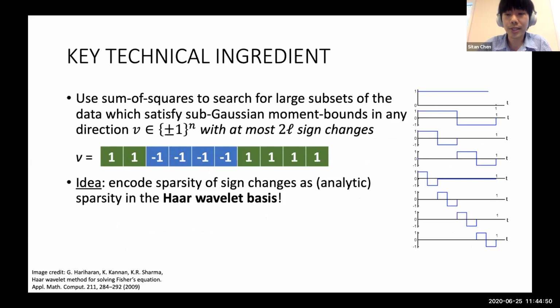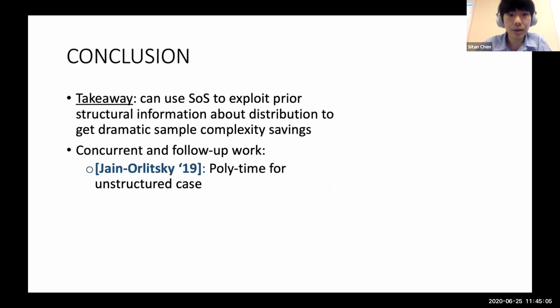If we take the outliers in that skewed direction and downweight them, whenever you do this downweighting, you're going to throw out more bad mass than good mass. So eventually, after enough of these filtering steps, you're going to end up with mostly good samples, and then you can just take the empirical mean.